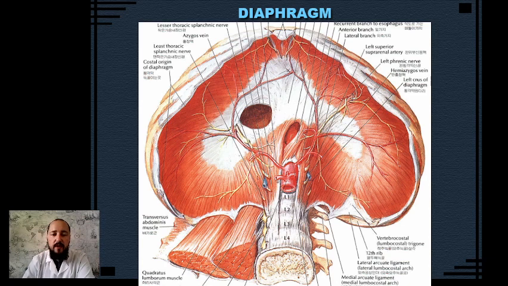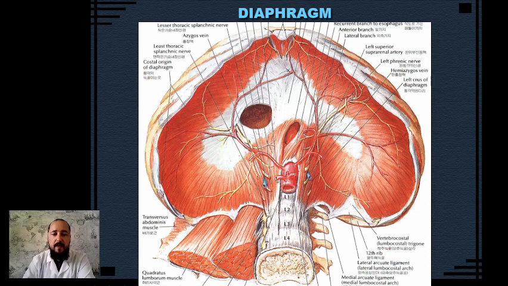Between the medial and intermediate crura we have a slit, a fissure, for the azygos and hemiazygos veins: azygos from the right side and hemiazygos from the left side. With the azygos and hemiazygos veins, we have the splanchnic nerves, greater and lesser splanchnic nerves.